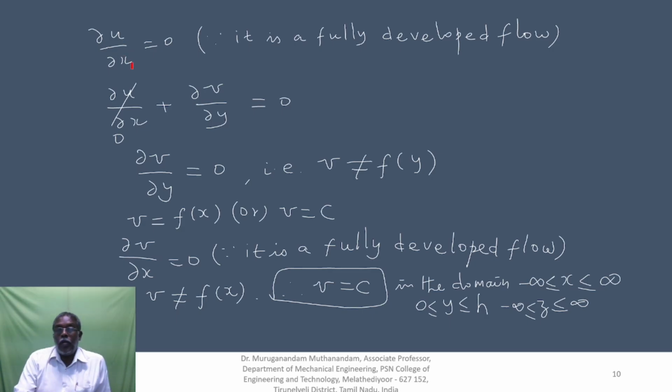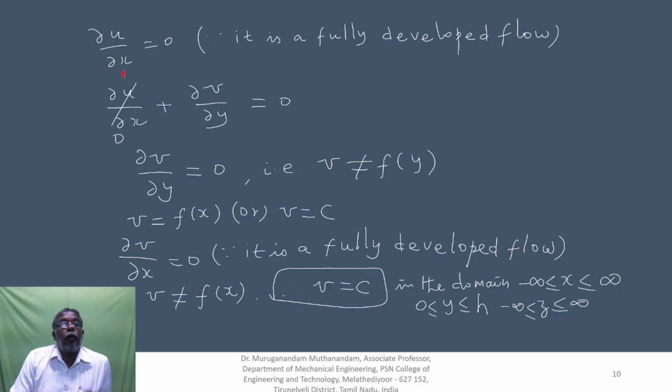Partial u upon partial x is 0 because it is a fully developed flow. The flow is taking place along the x direction. In a fully developed flow, the gradient of velocity along that flow direction will be 0. That is the physical concept, for which another lecture has to be given, on why such a physical condition is required.